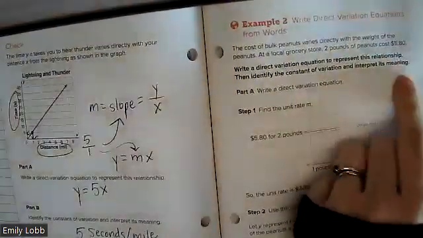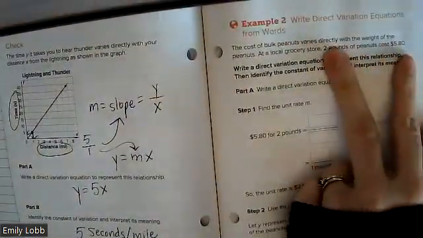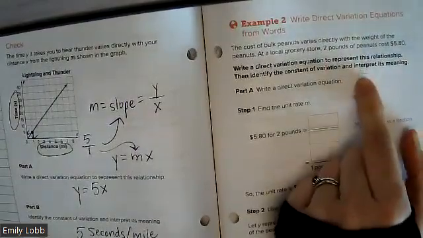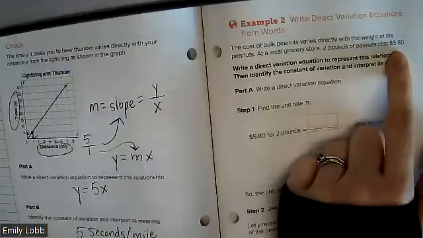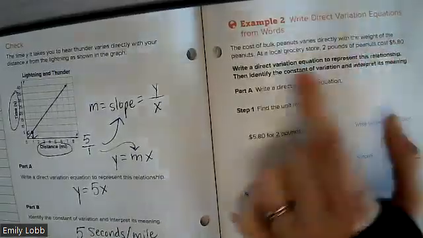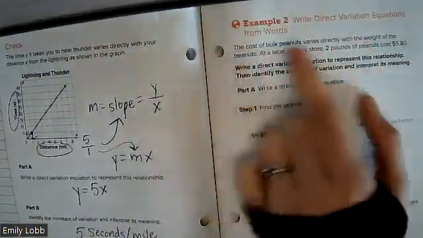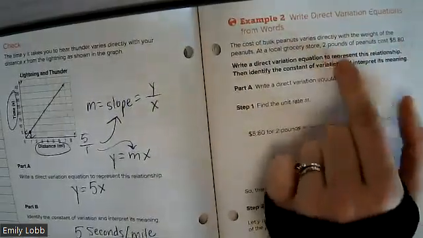Sometimes they're going to tell us the two things we need. So if we're trying to find a unit rate for cost, if cost varies directly with the weight, we're going to do cost divided by weight.